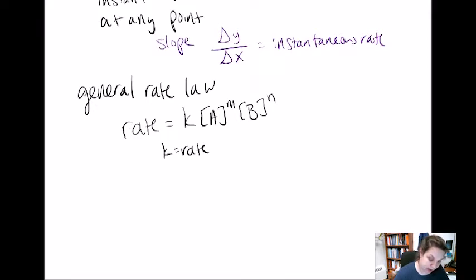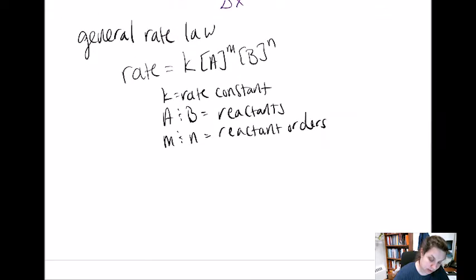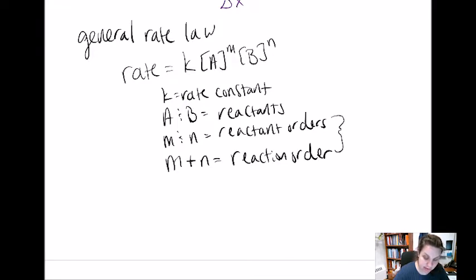So k is our rate constant, A and B are reactants, m and n are reactant orders, and m plus n is our reaction order. Both of these can be 1, 2, 3, and so on, along with 0.